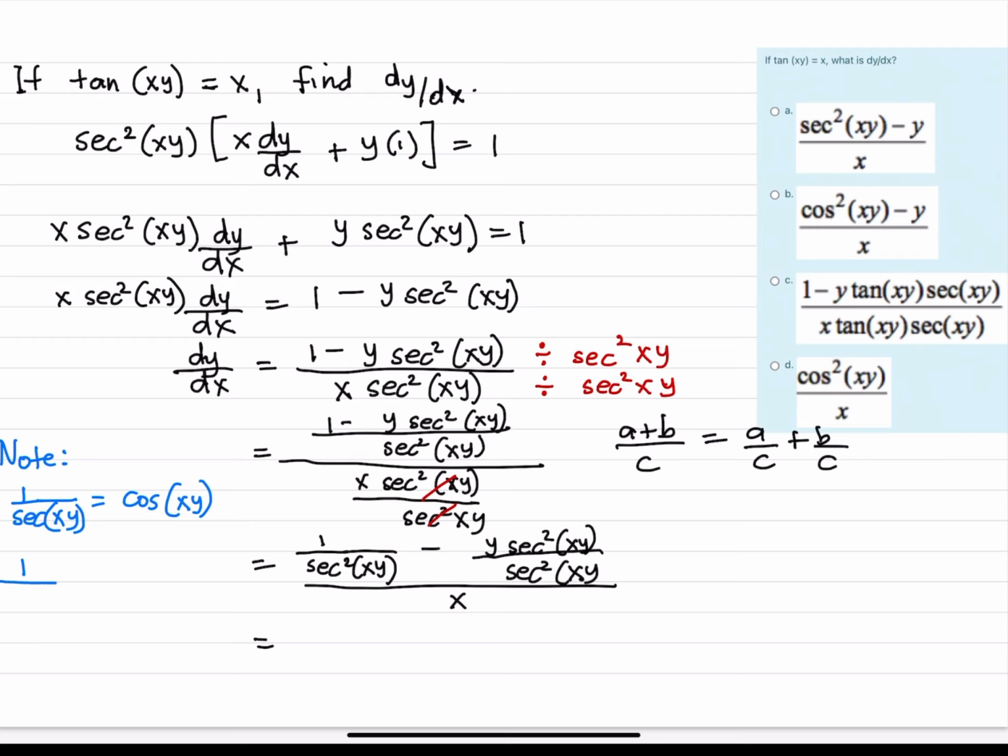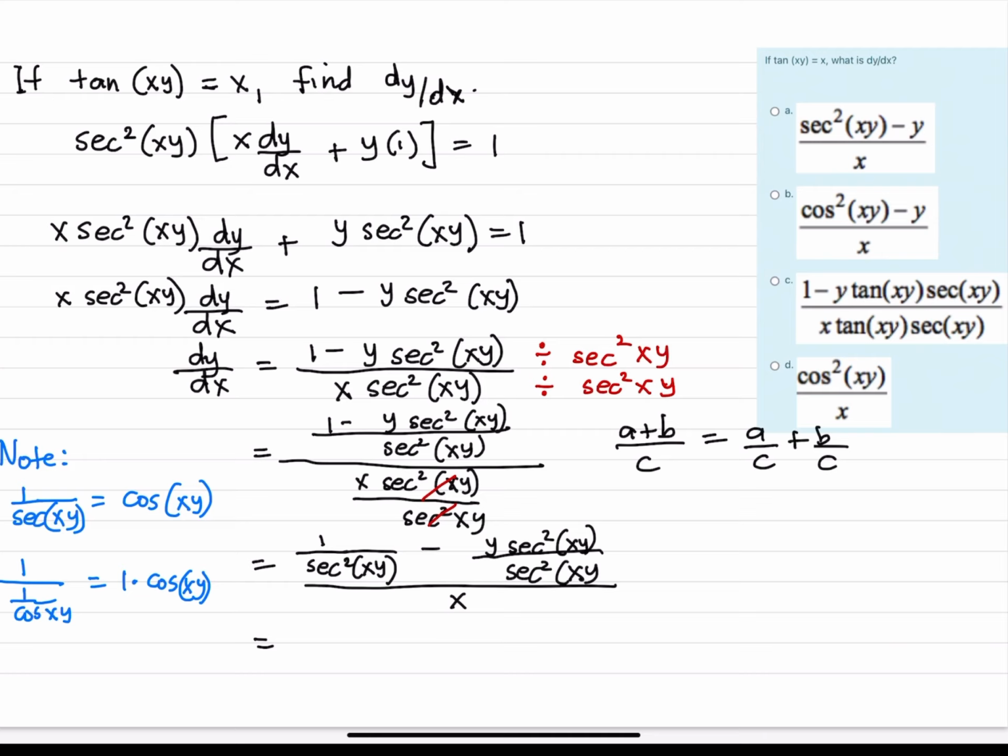This is in fact the same as 1 over 1 over cosine of xy. And so when we get the reciprocal of the denominator, that's 1 times cosine of xy. Okay, so please do not forget this. 1 over secant of xy equals cosine of xy, your reciprocal function.